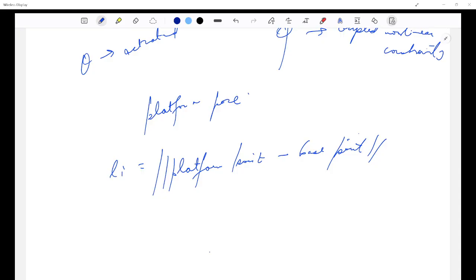That is why the assertion is true, inverse kinematics is easier, but the reason is false because passive variables still exist and they must be determined. So A is true and R is false. All right, I hope there is no confusion. Okay, let's move to the next question.